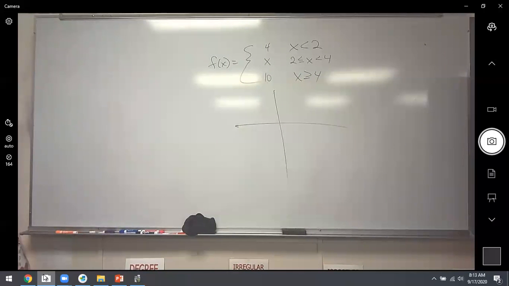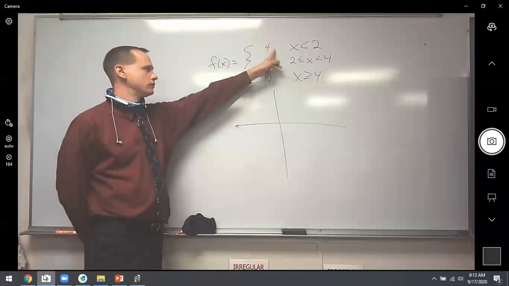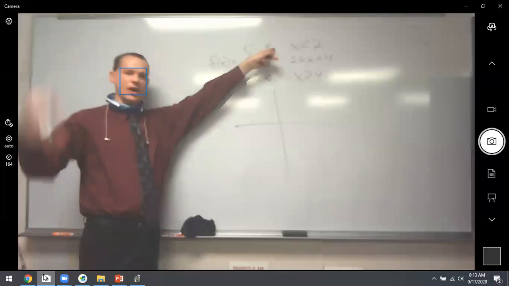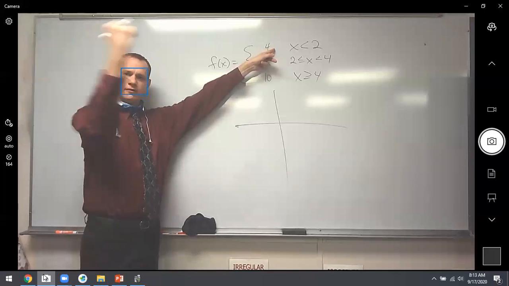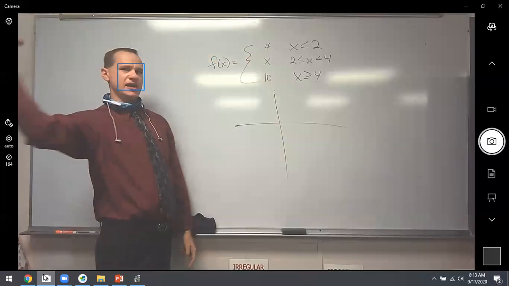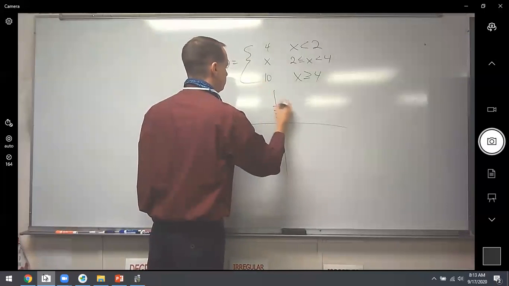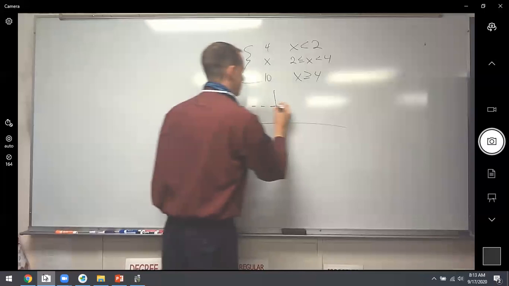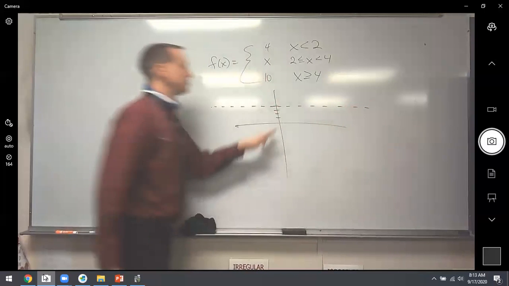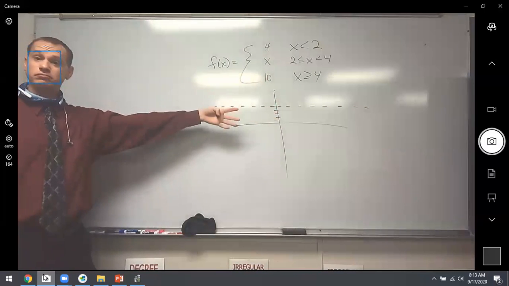All right. Let's just go nice and slow. So one piece at a time. Graph is 4. That means it's always 4. It's 4 here, 4 there, 4 there. It's just going to be a nice straight line of 4. So this is kind of what a graph of just y equals 4 looks like. We okay on that?